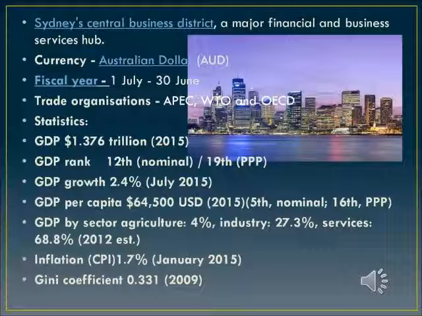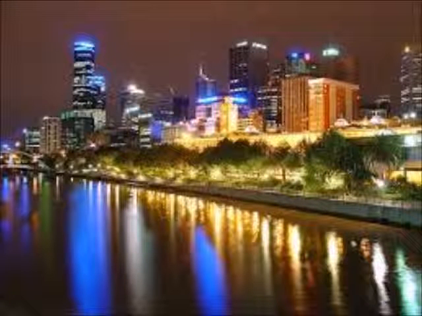Currency: Australian dollar. Fiscal year: 1 July to 30 June. Trade organizations: APEC, WTO, and OECD. Statistics: GDP: $1.376 trillion.